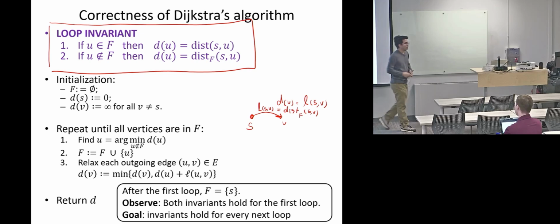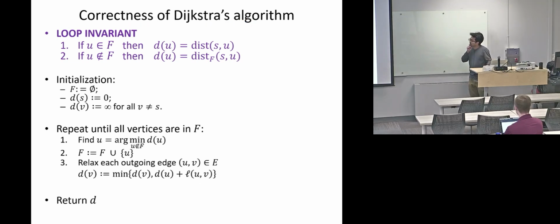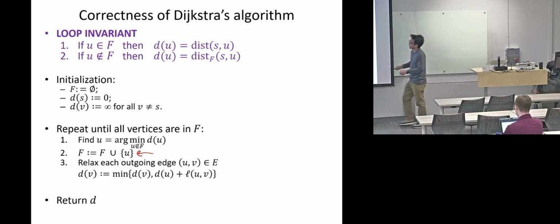So now let's assume that the invariant holds for every step up to now, and then in the next loop both invariants will still hold. Let's look at the next loop here, and say we run up to here. Now the finalized set grows. Why would invariant 1 still hold?